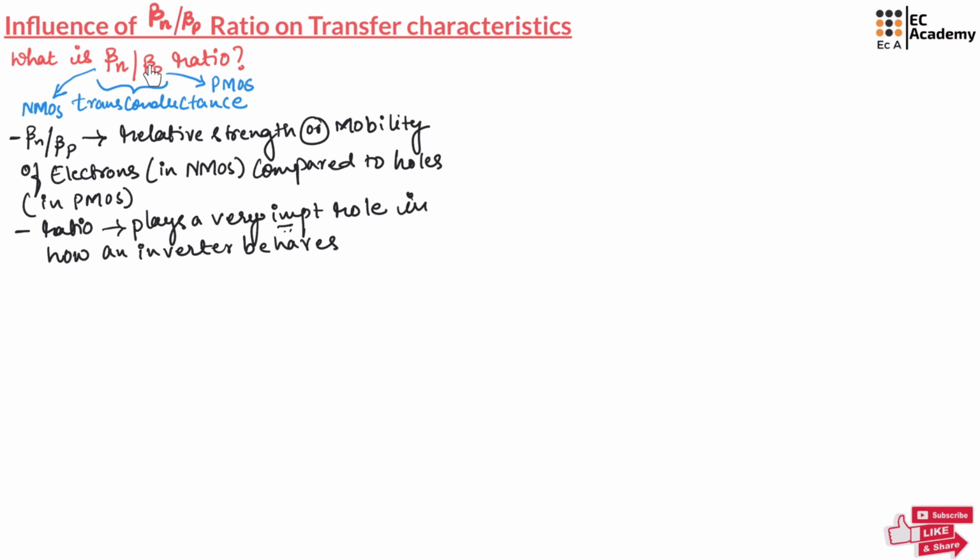Here the ratio beta n by beta p will tell us the relative strength or mobility of electrons in NMOS compared to the relative strength or mobility of holes in PMOS.